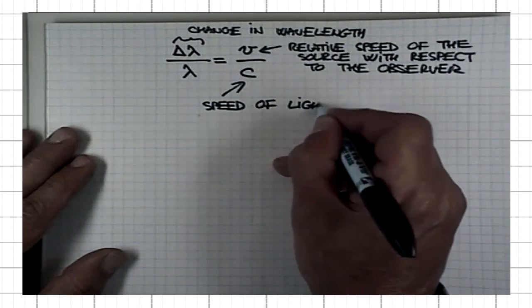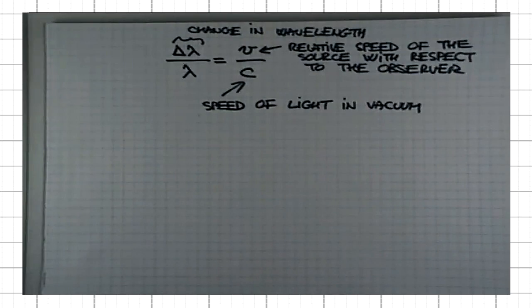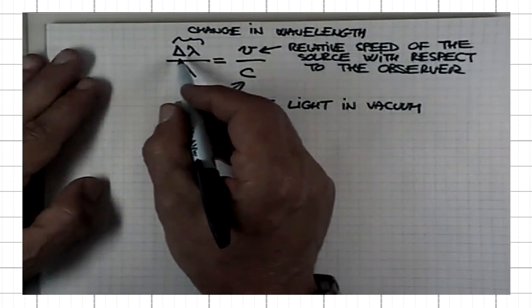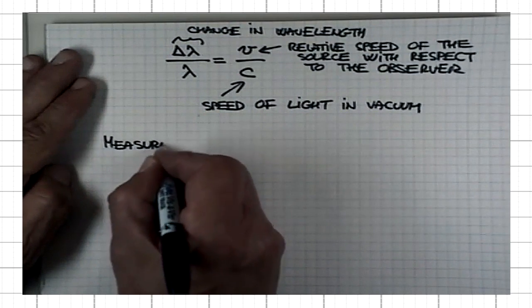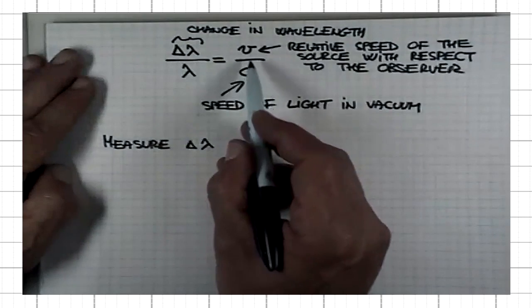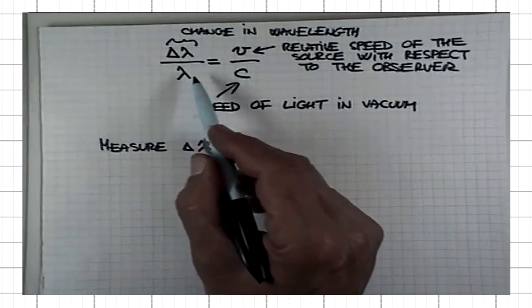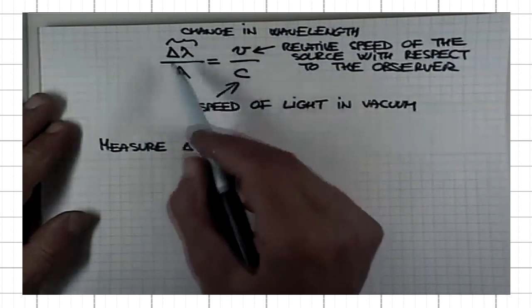Okay? So you measure the amount of shift, either redshift or blue shift, and then from the known wavelength that you measure in the lab when the source is not moving relative to you, you can use this relation to determine the speed of the source.